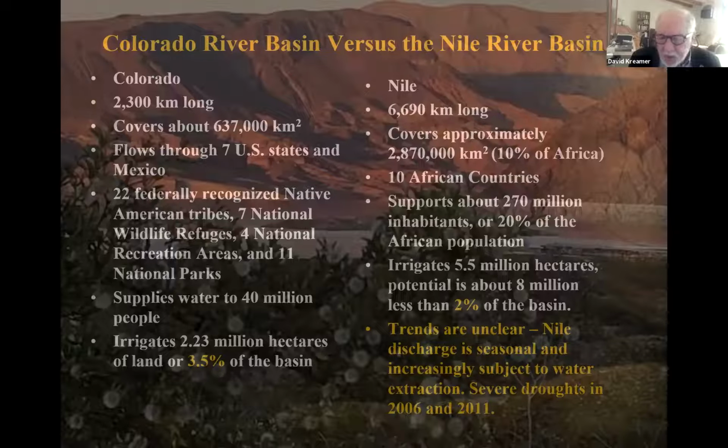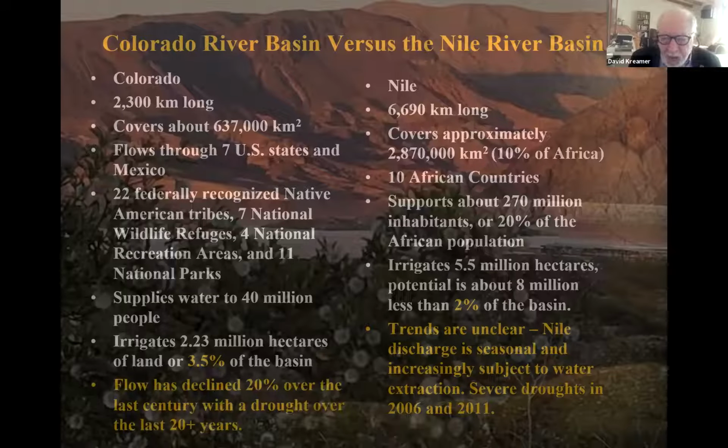There have been severe droughts in different years. The Colorado River, however, has had over 20 years of a fairly severe drought. And how the Colorado River states in the United States and Mexico handle the drought is an interesting contrast.